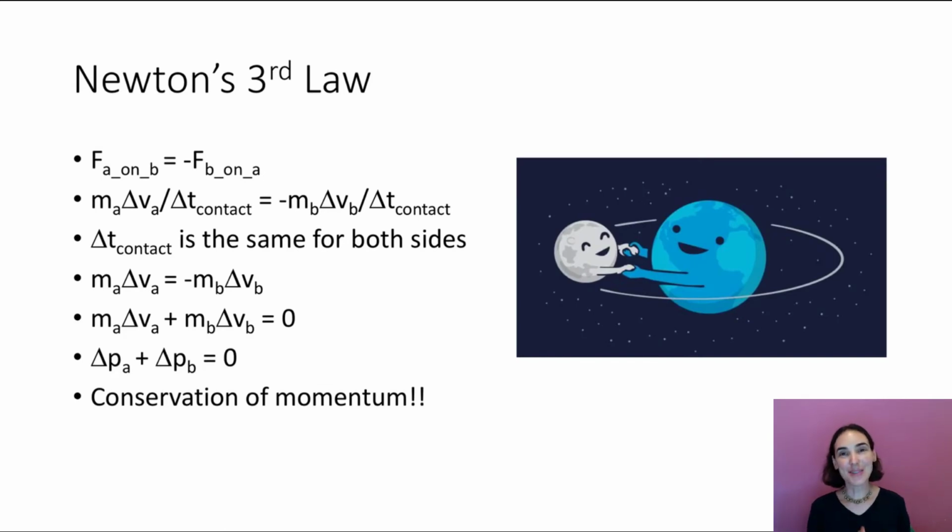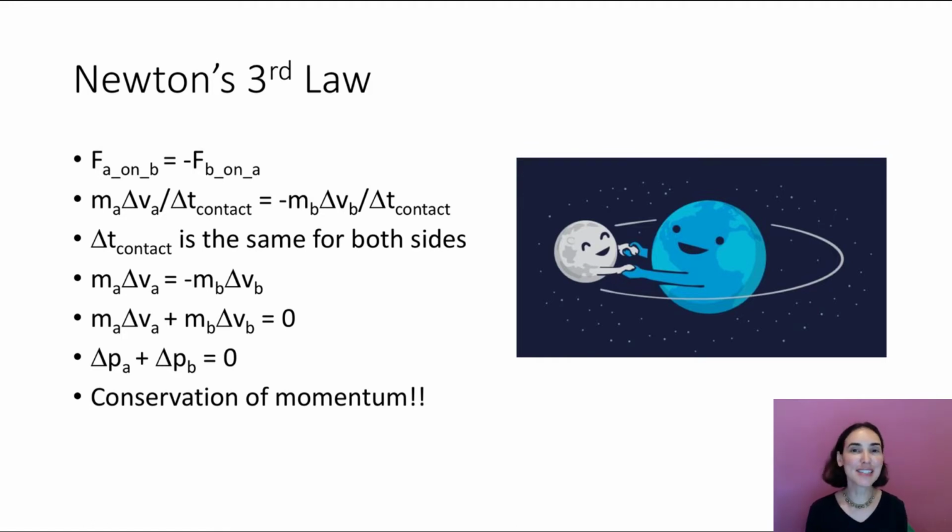So this is a prelude to Newton's third law, because often in space we find ourselves with very different masses, and Newton's third law is a statement of the conservation of momentum. Newton's third law says that the force of object 1 on object 2 is equal and opposite to the force of object 2 back on object 1.